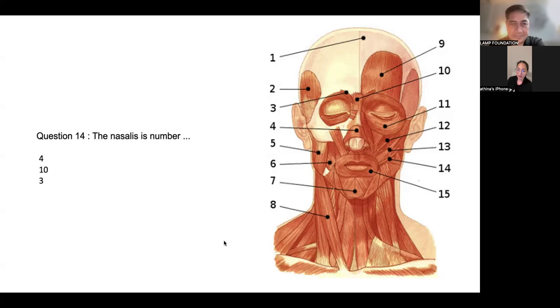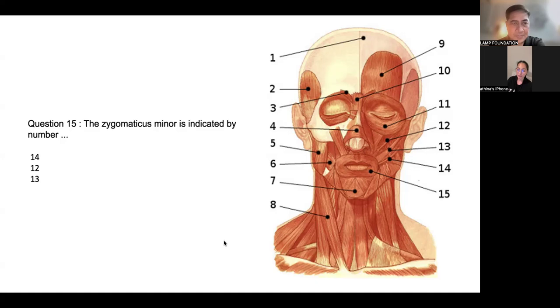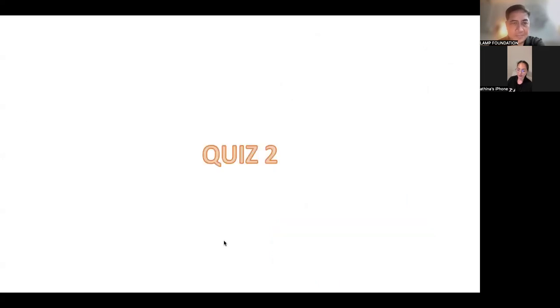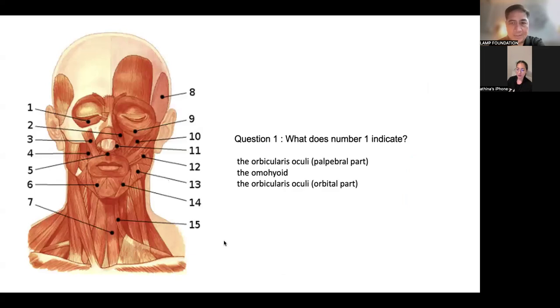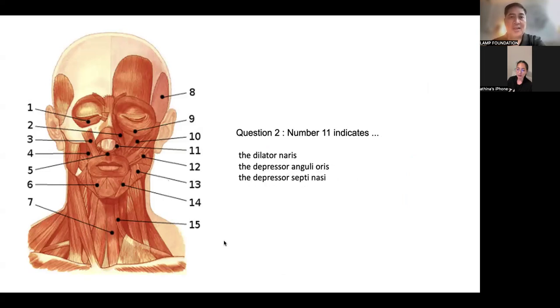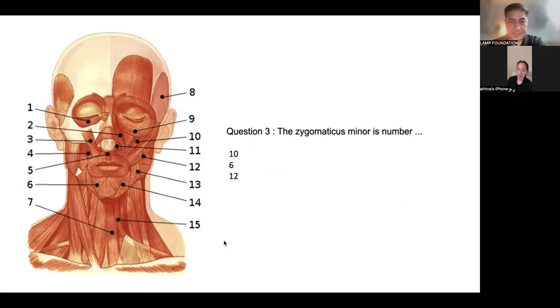Nasalis, number 4. Zygomaticus minor, that's 12. Number 1, that is the orbicularis oculi, palpebral part. Number 11. That is the dilator naris. Zygomaticus minor, it's number 10.